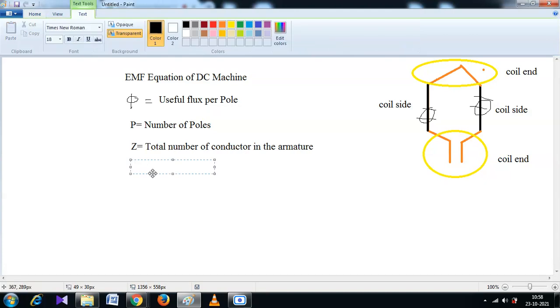Then we consider another term A, which is the number of parallel paths between two brushes.